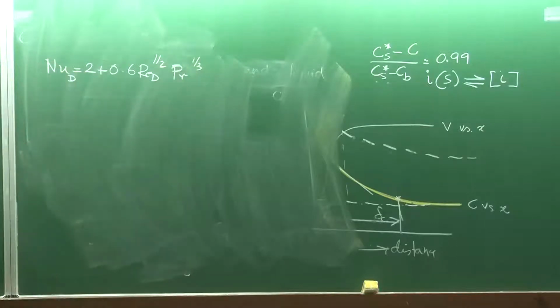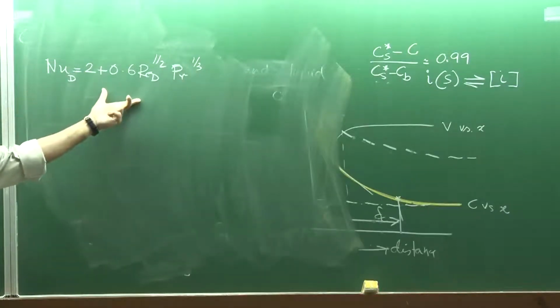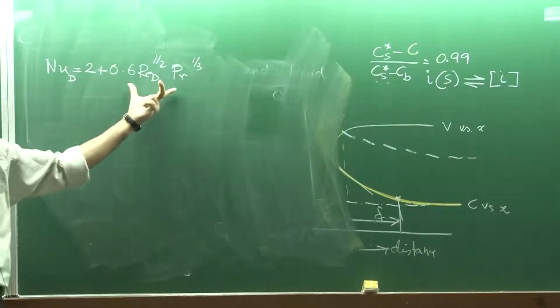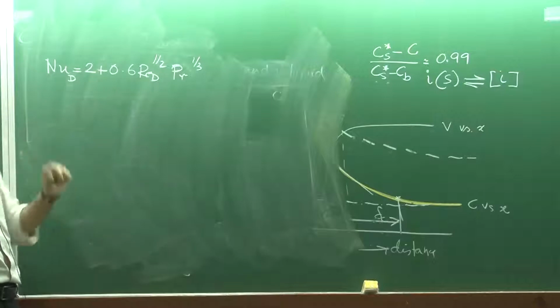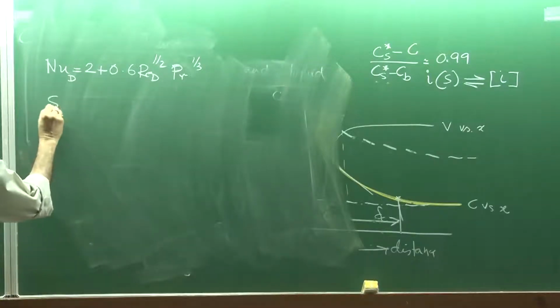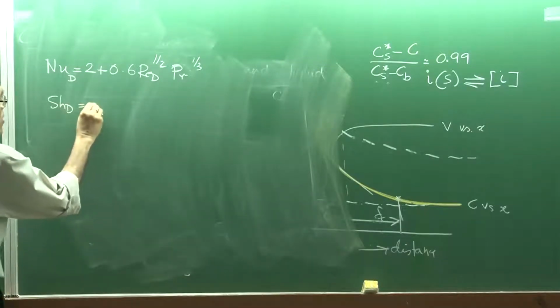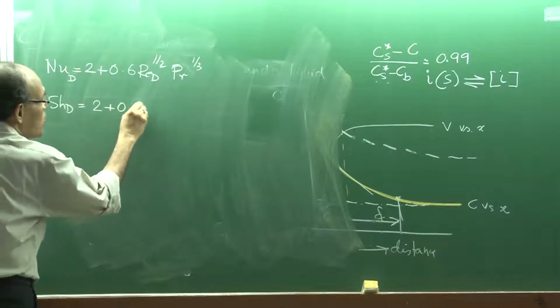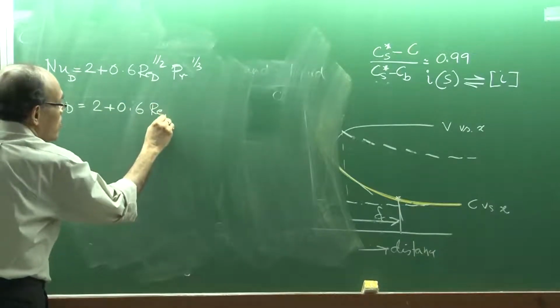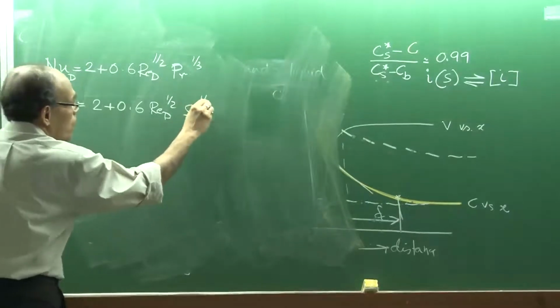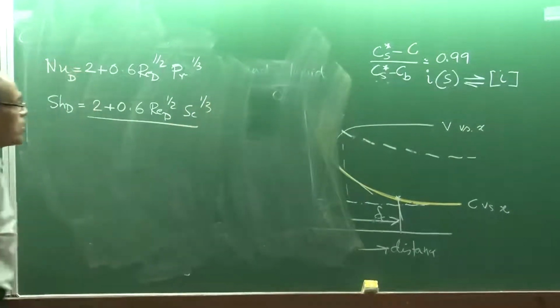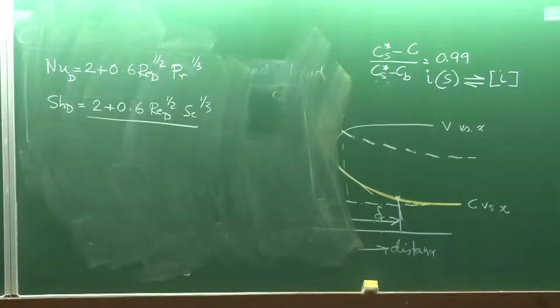And this correlation, if you remember, I said is the Ranz-Marshall correlation, okay? And this is the contribution of convection over diffusion in heat transfer. And we have a one-to-one parallel: Sherwood's number based on diameter is equal to 2 plus 0.6 Reynolds number diameter Schmidt number. This is the equivalent correlation applicable.